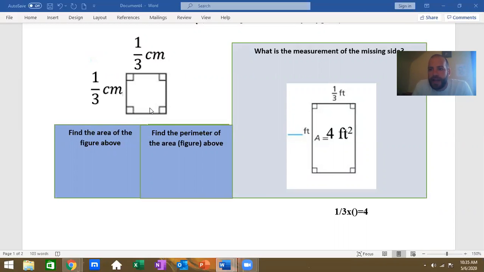Now, how do you find area? By multiplying. You multiply however long it is by however wide it is. It doesn't matter if you think this is length and this is width, because if you're wrong, you could always rotate it. So don't get caught up on which one's the length and which one's the width.